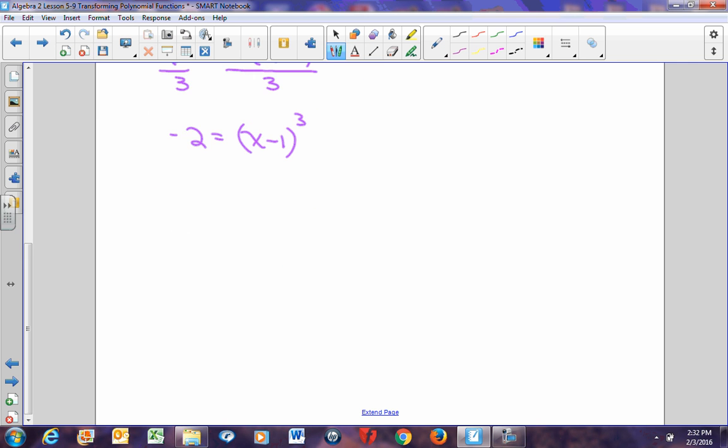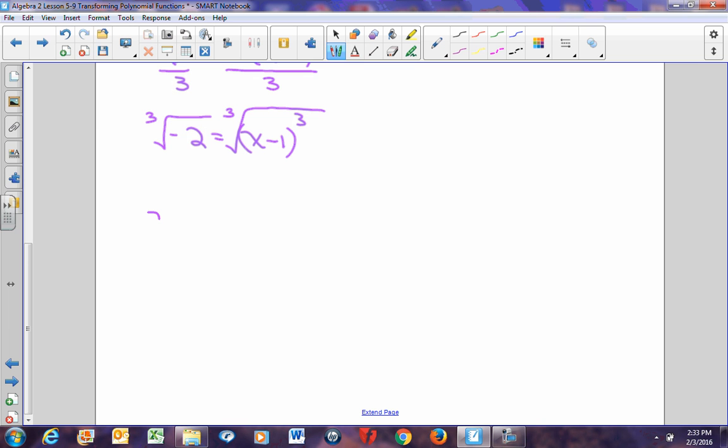I don't want the cube, so to undo a cube, I take a cube root. And unlike square roots, I can take a cube root of a negative number, because remember, what's the cube root of -27? It's -3, because -3 times -3 times -3 equals -27. So I can leave that negative underneath there, and I do not need to put any i's in this particular equation.